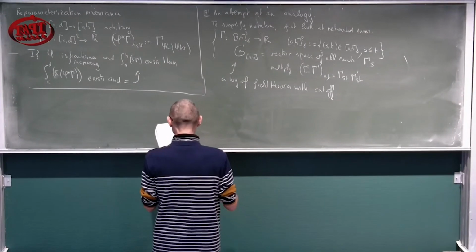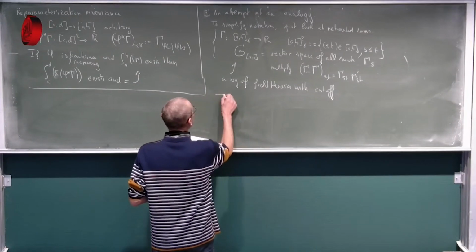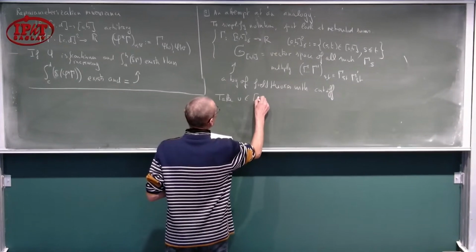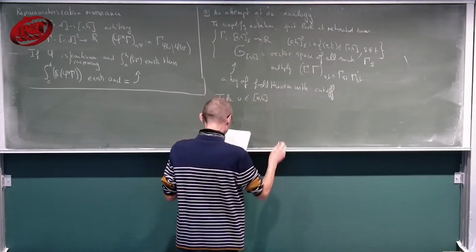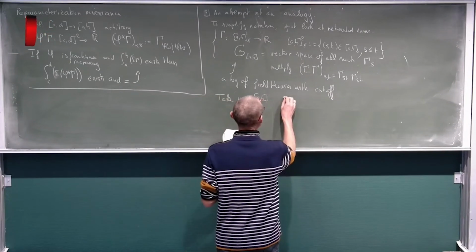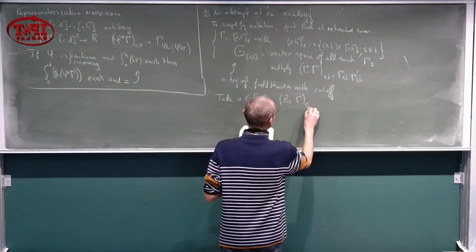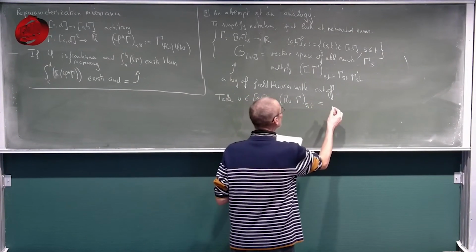So what do I imagine? Take U belonging to AB and define something that I call R_U. R_U gamma ST is going to be the following.